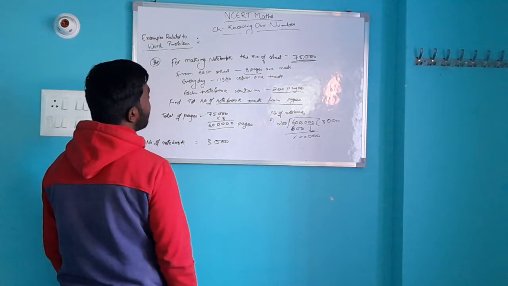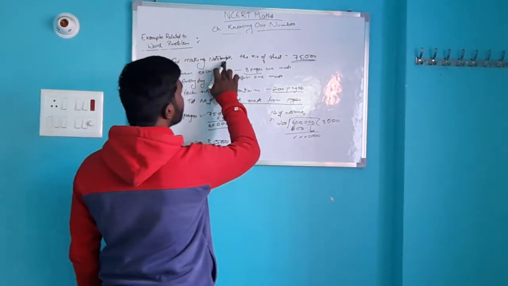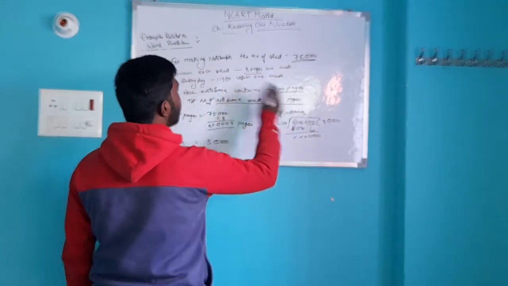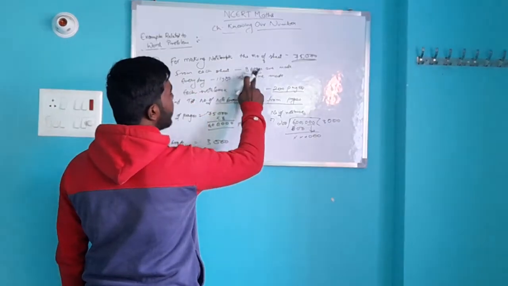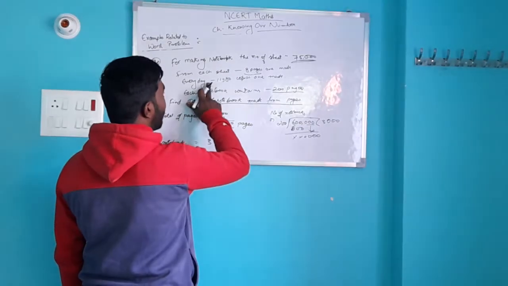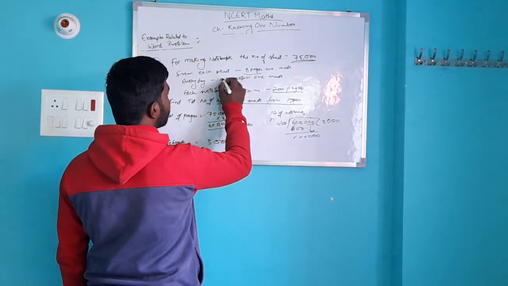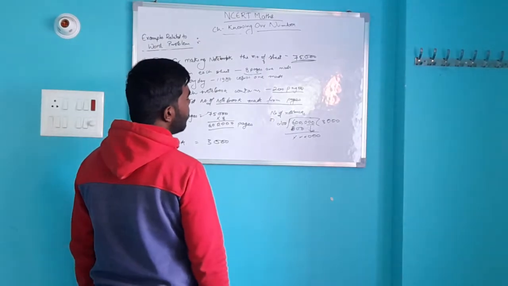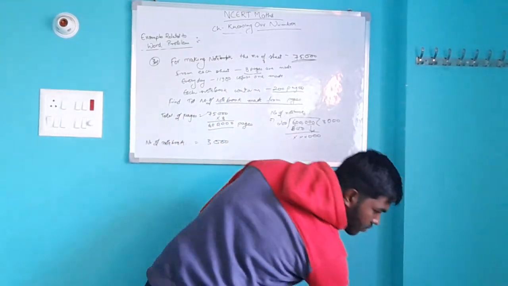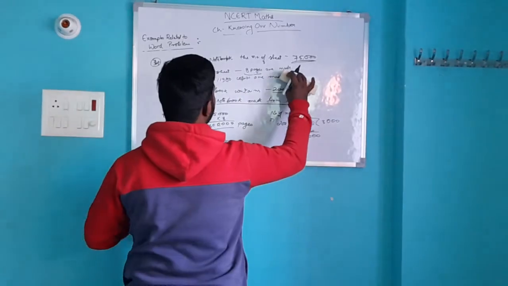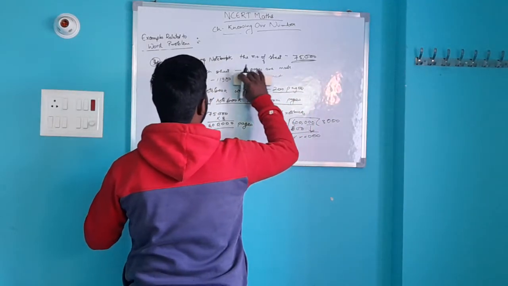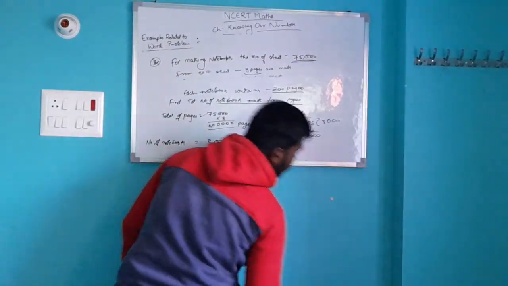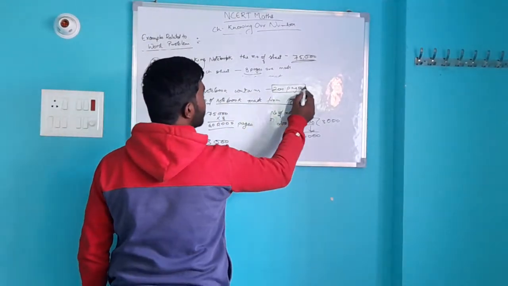I repeat this example again. For making notebooks, there are 75,000 sheets, and from each sheet we get 8 pages. And every day 11,980 copies are made. And each notebook contains 200 pages.